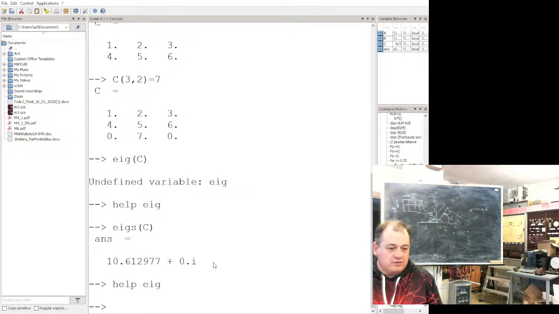If I want everything, it should produce 3 values.